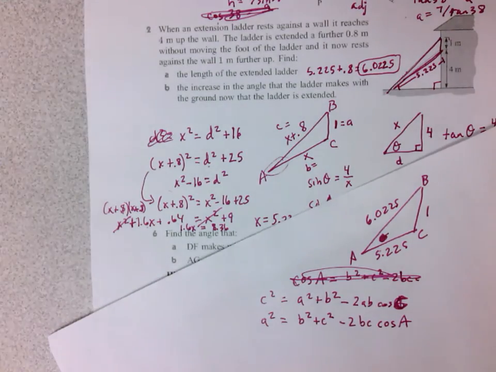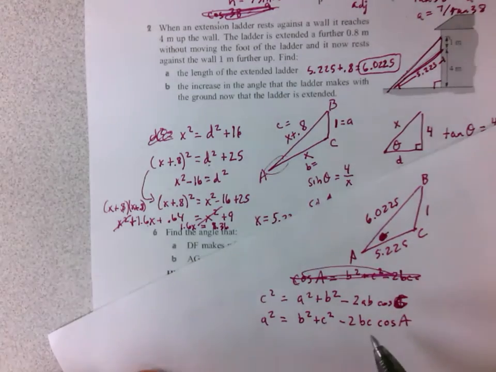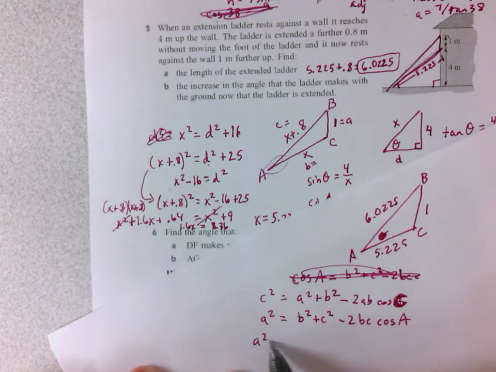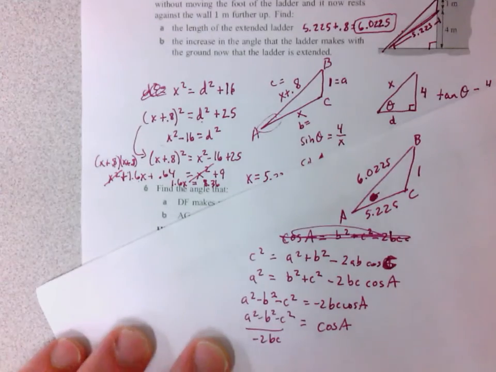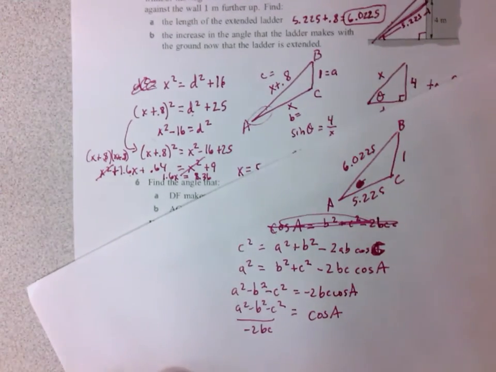I'm going to solve that for cosine A, and it's going to give me that angle. So A squared minus B squared minus C squared, divide by negative 2BC. You can also use the formula. I didn't have my formula sheet, so I solved it in my head.